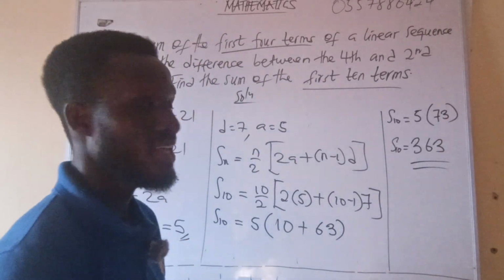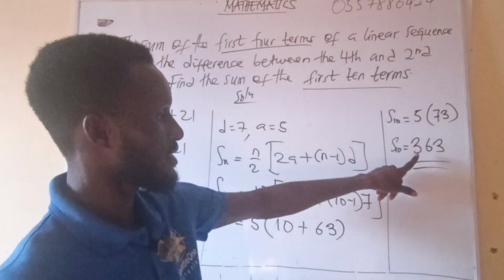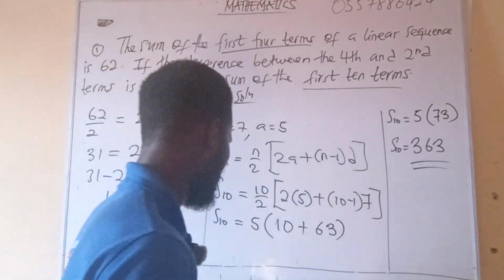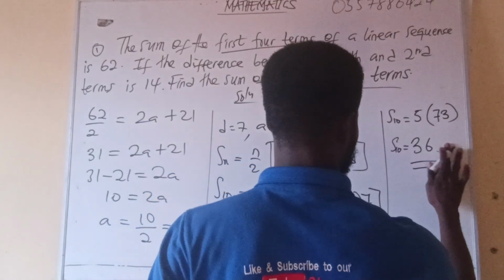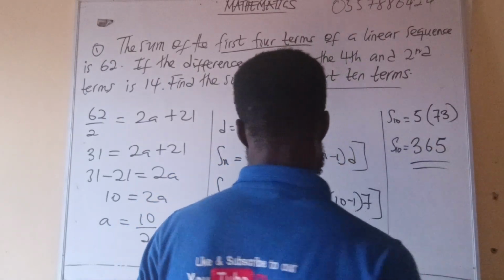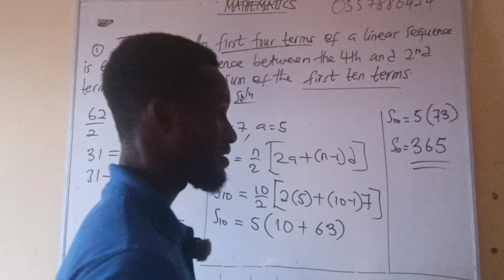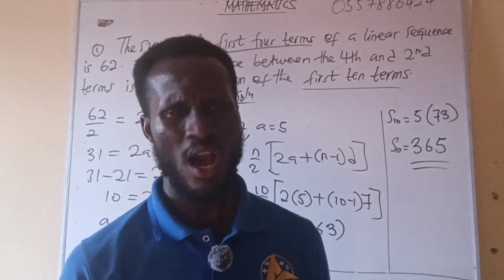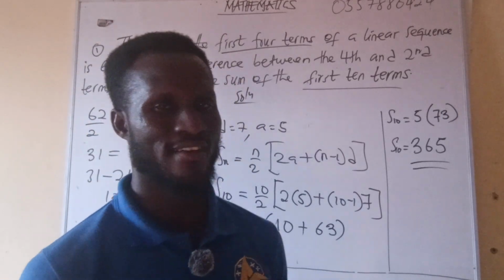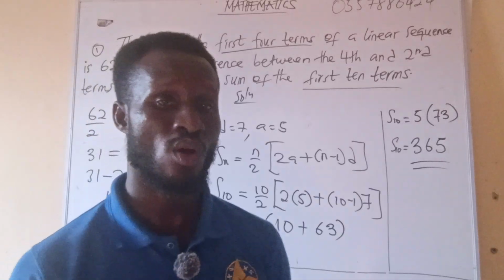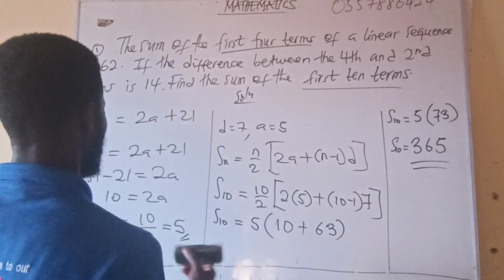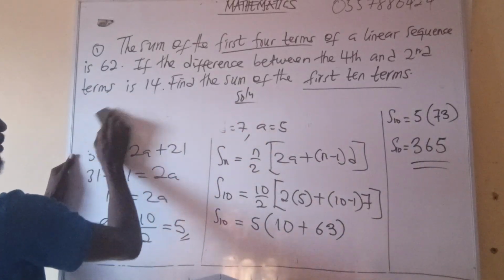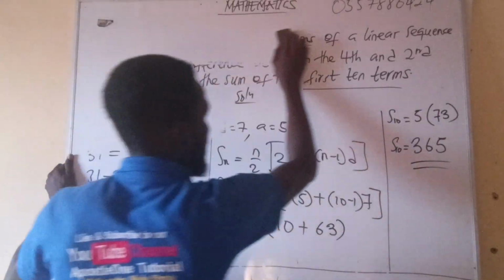Now this one means that the sum of the first 10 terms is 365. You see how simple the question is. But you have to open your mind and be able to know how to do the simultaneous equation. Now let's look at another one. Question number 2.